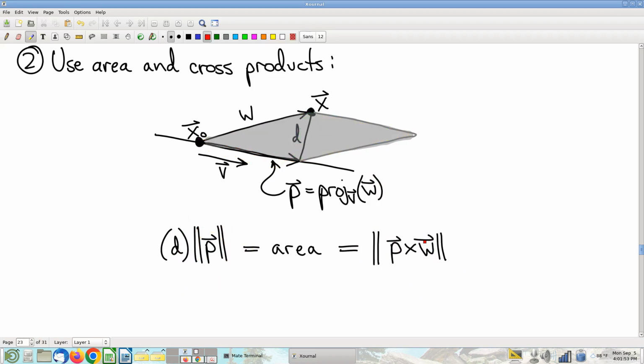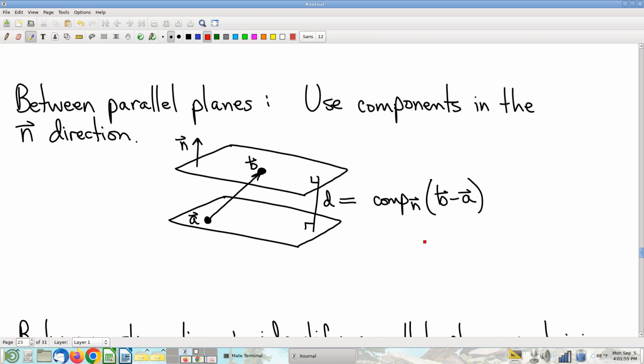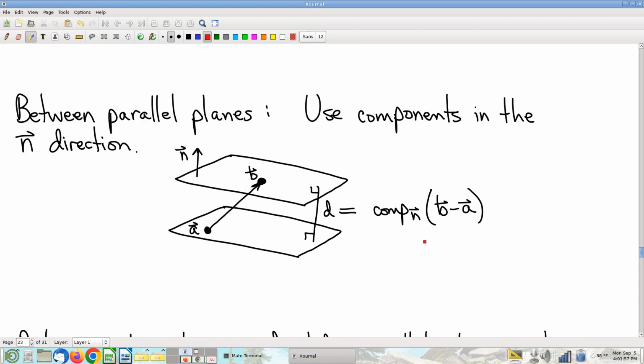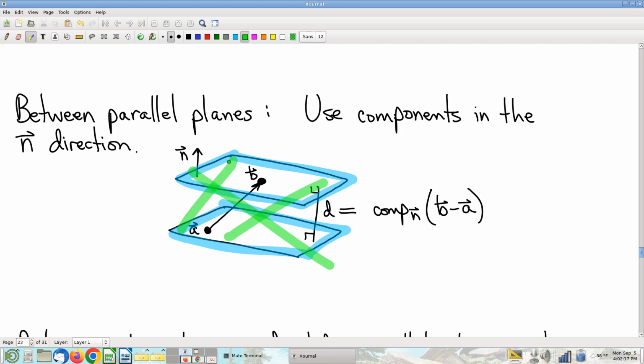Okay. Next question. What if you have parallel planes? Right, so we've got this plane and this plane that is parallel, but let's say a little lower. And how would I compute the distance? Well, first of all, what do I mean by distance? And again, I don't mean that distance or that distance or that distance.